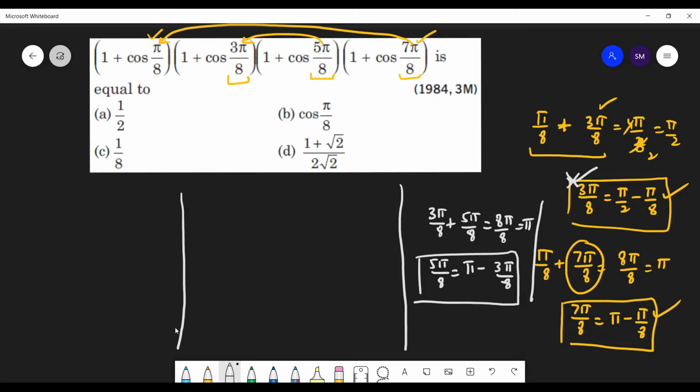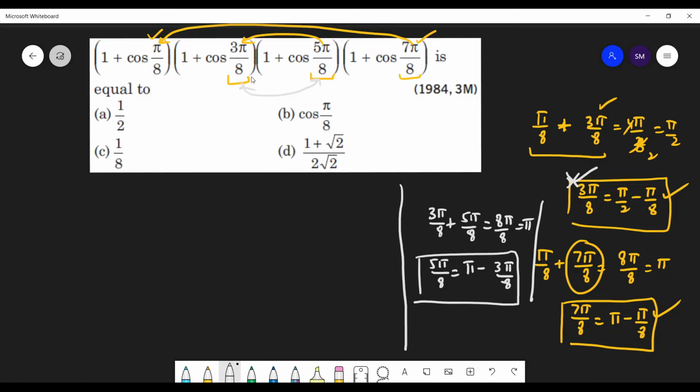So students, this is 1 plus cos pi by 8. Okay. So what are you going to use, which one? Turning all of them into pi by 8, or two of them as 3 pi by 8 and two of them as this?